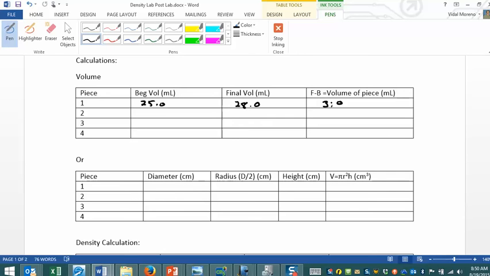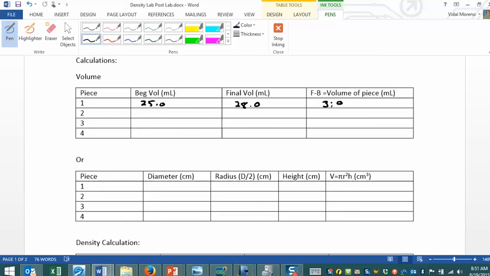Okay. Any other questions? Now, whether you did it with water displacement or you did it with geometry, are you now ready to determine density? Okay, so do you have to put down mass? No. The mass was found in your data.